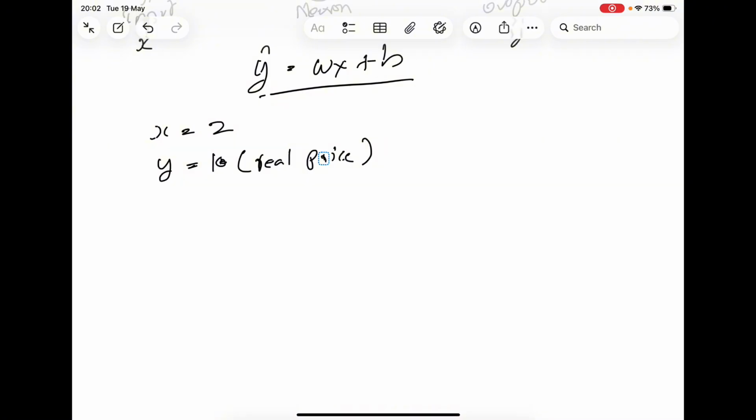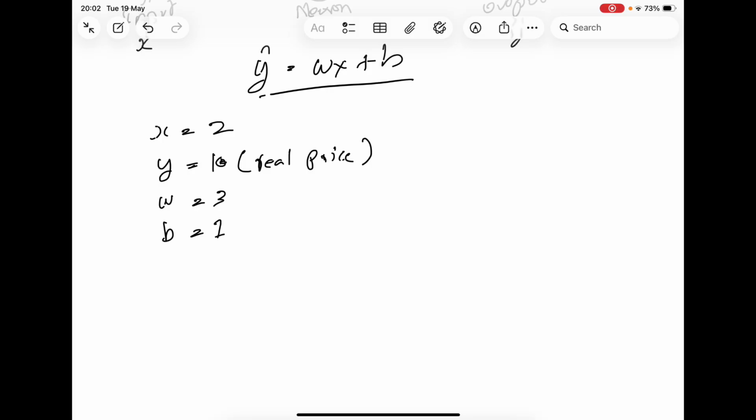And let's say weight is 3. We have allocated weight as 3, just a random number. And bias is 1. So these will be our random numbers, right?